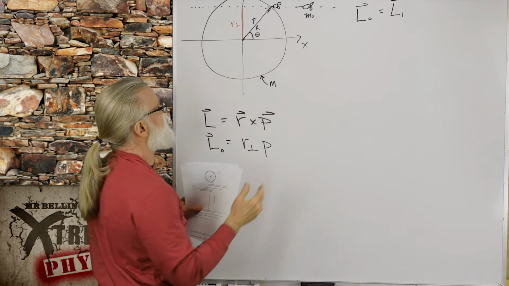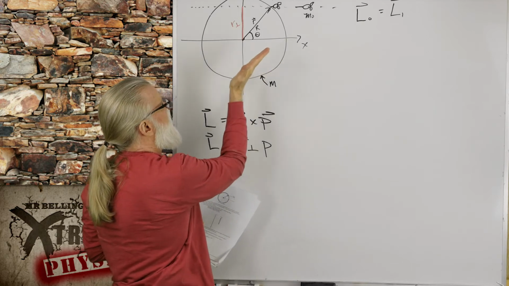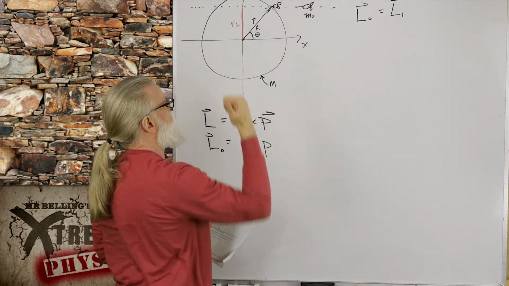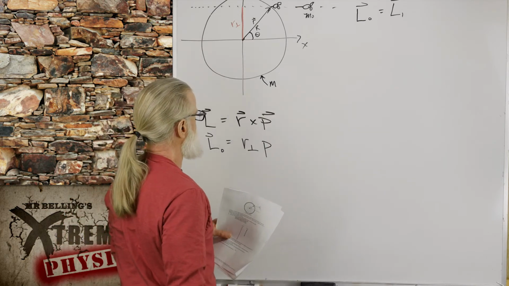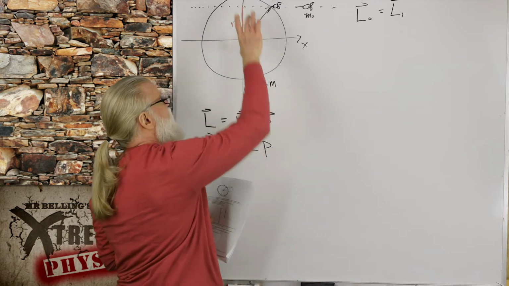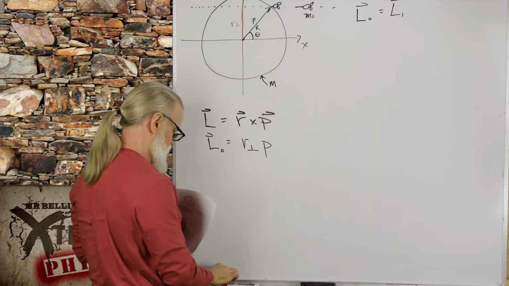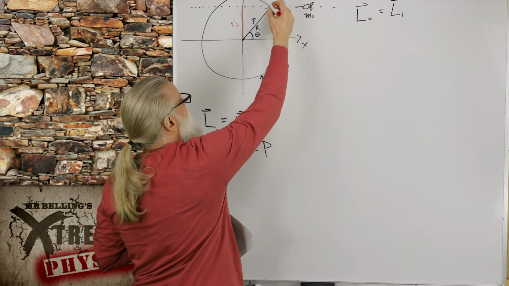The angular momentum is R cross P, and the direction is going to be out of the board. Well, that's easy enough to find. It's the same thing as this right here.